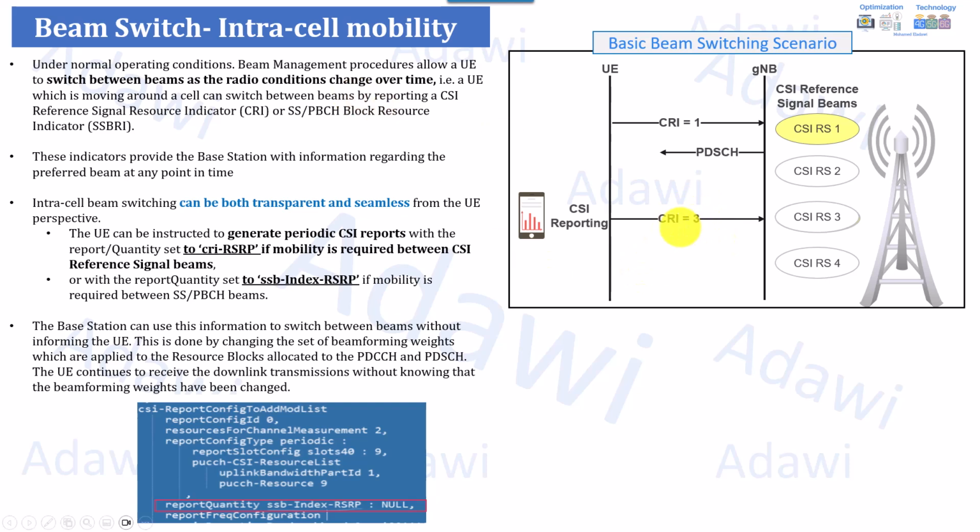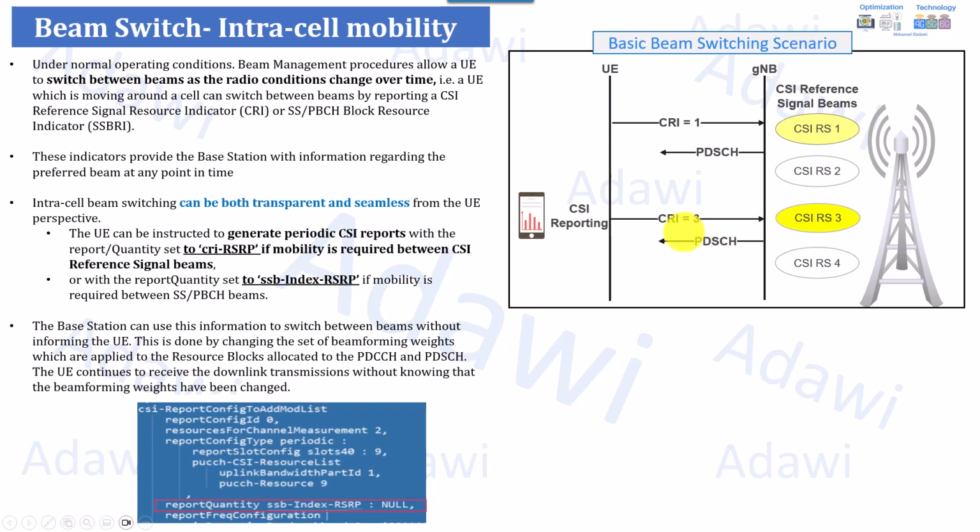In this case, the gNB will start doing the beam calculation and will start allocating the new traffic beams based on the reported information. All of this, the changing of the traffic beams, will be seamless and transparent to the UE. The gNB doesn't need to send any RRC message or anything else to let the UE know which traffic beam is being changed or is going to be used.